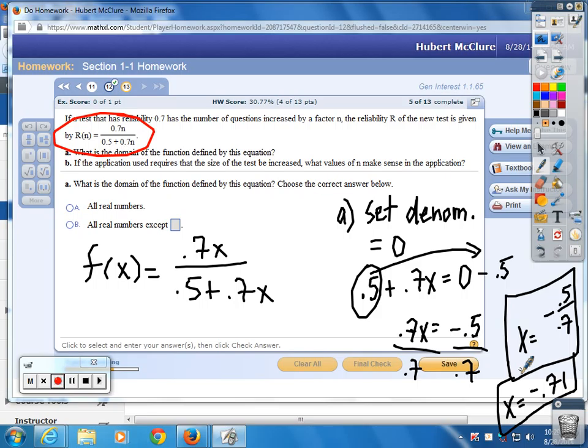But I can use any numbers besides negative 0.71. Can I use negative 10? Yes. Can I use positive 10? Yes. Why? Because that's the only number right here. This is the only number that will give me what in the denominator? 0. And you need to write that down so you'll know why you can't use negative 0.71.